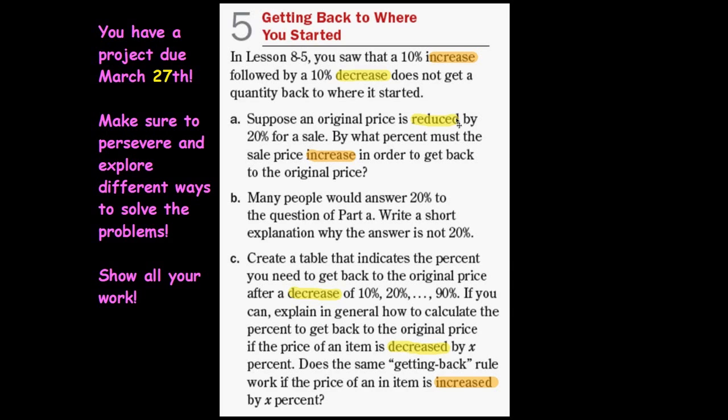Notice question A says, suppose an original price is reduced by 20%. By what percent must the sale price increase to get back to its original price? We did increase then decrease, where it went up and then it went down. This question is saying, well, what about if it went down and then went up?